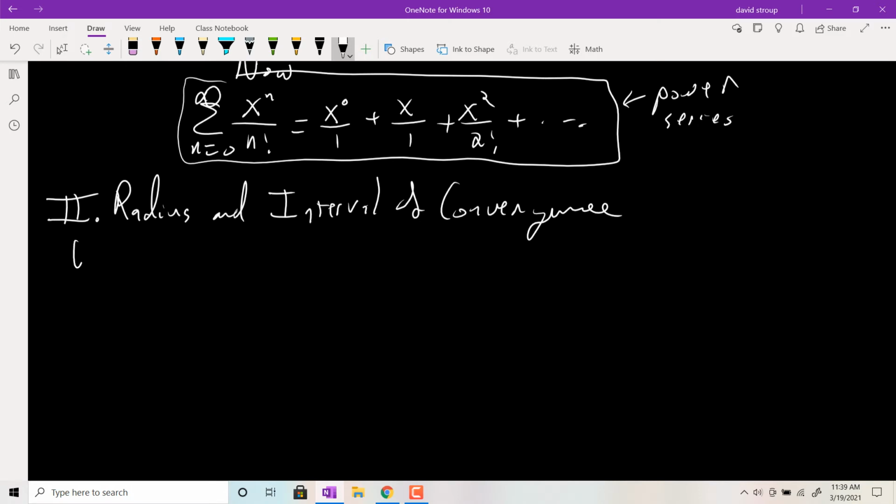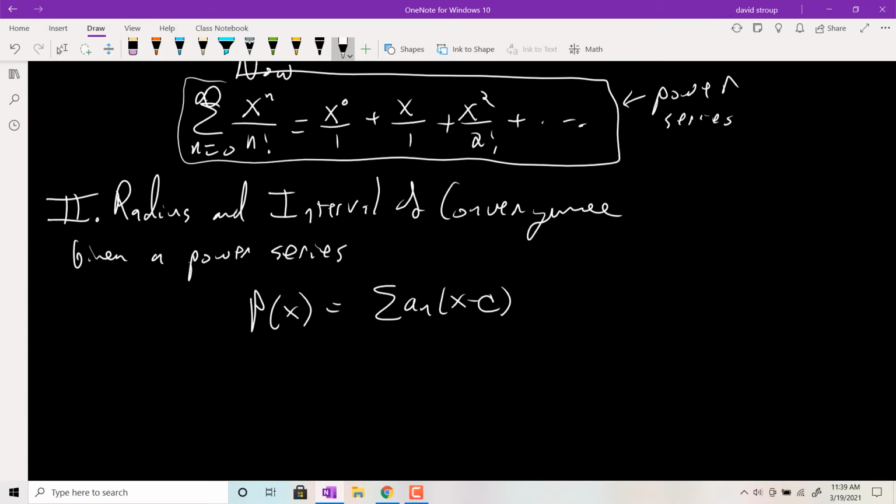Given a power series, we can call it big P of x equals the sum of a sub n times x minus c to the n, where we make it more general by including shifted versions with a different center, from n equals 0 to infinity.